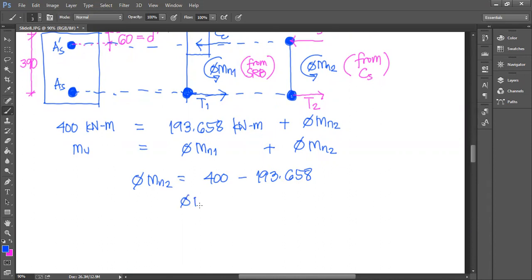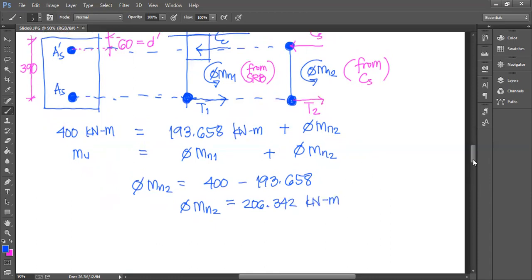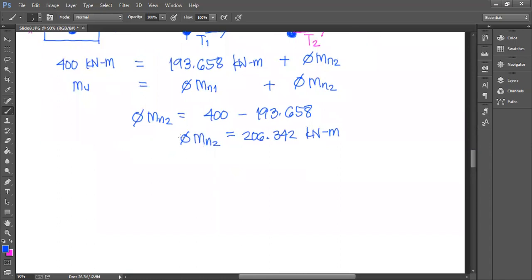So phi Mn2 is now equal to 206.342 kilonewton-meter. Take note that this is phi Mn2.